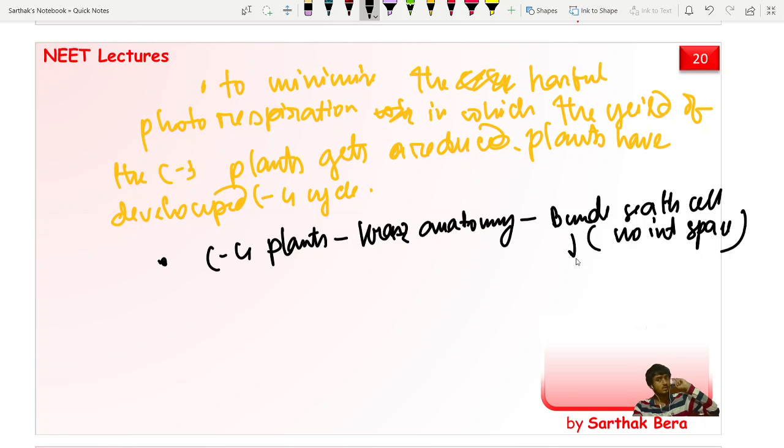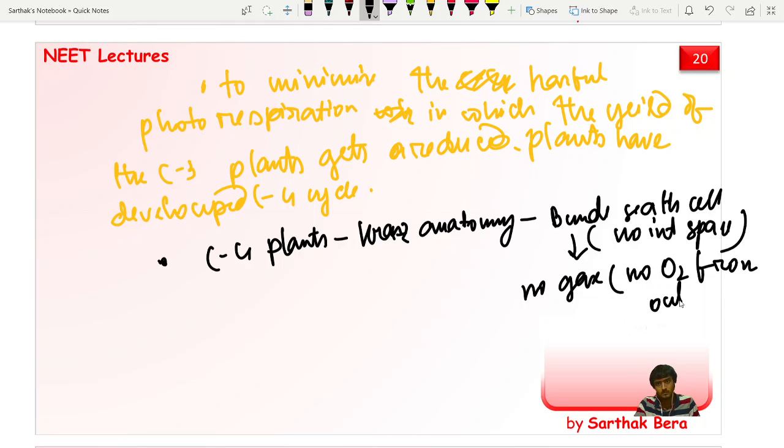Because there is no intercellular space, no gases means no O2 from outside the bundle sheath cell is allowed to enter the bundle sheath cell.